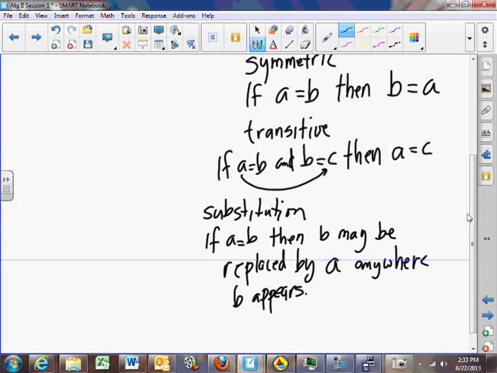And it's pretty easy to get the transitive property out of that, but as you can see, the substitution principle is a little bit stronger.